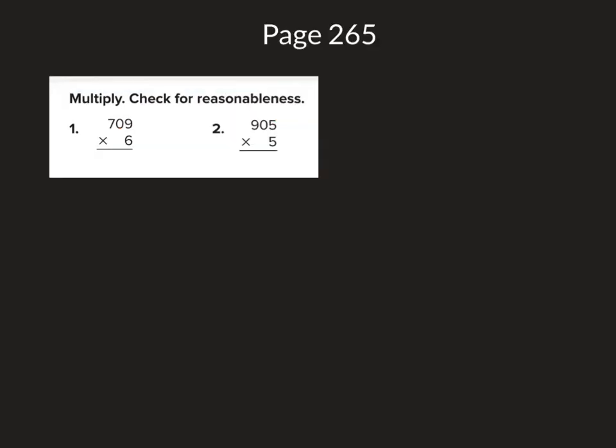Okay, multiply and check for reasonableness. This is page 265. I want to do these just because sometimes I know that we have a hard time figuring out how to estimate. So let's go ahead. 9 times 6 is 54. 6 times 0 is 0, plus 5 is 5. 6 times 7 is 42. 4,254.